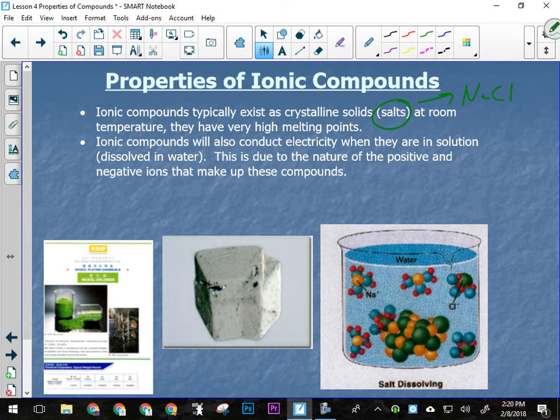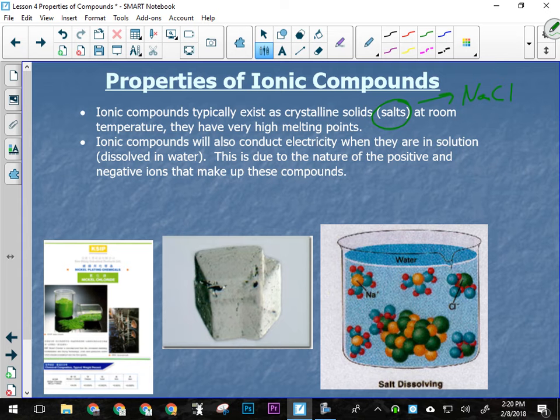There are lots of ionic compounds that are salts that would, A, not taste good, and B, kill you. So they don't all belong on food. This stuff specifically is table salt, sodium chloride. That's why we never use the term salt in a reaction. We go, well, I added salt to this. What salt did you add to that? It's kind of a general category, including thousands of different compounds.